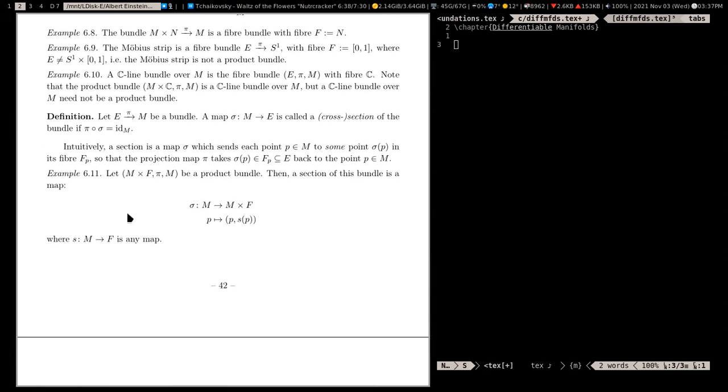What the section does is it sends each point P to some point in the fiber, right? So you have a point in the base space, you take it to the fiber, and then the projection map takes it from the fiber back to the point, giving you the identity map.